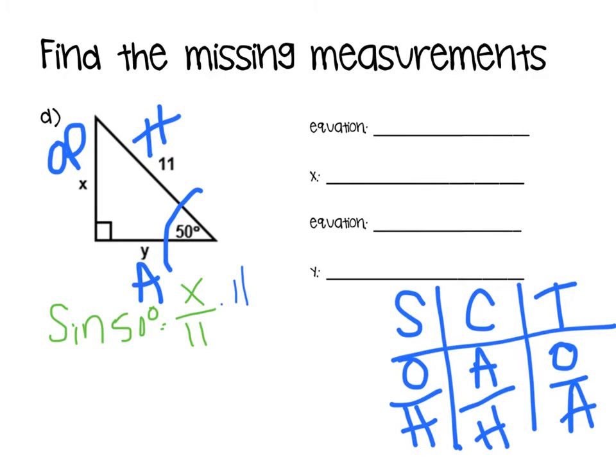We'll multiply by 11 on each side to cancel it out. And so our equation to find x is 11 times the sine of 50. When you plug that into your calculator, you get 8.4264.